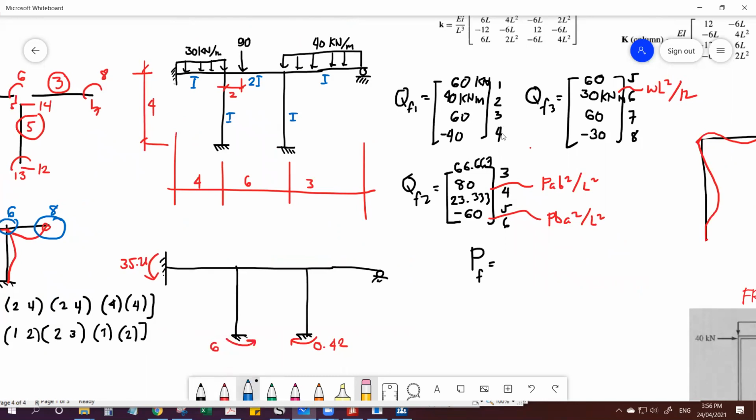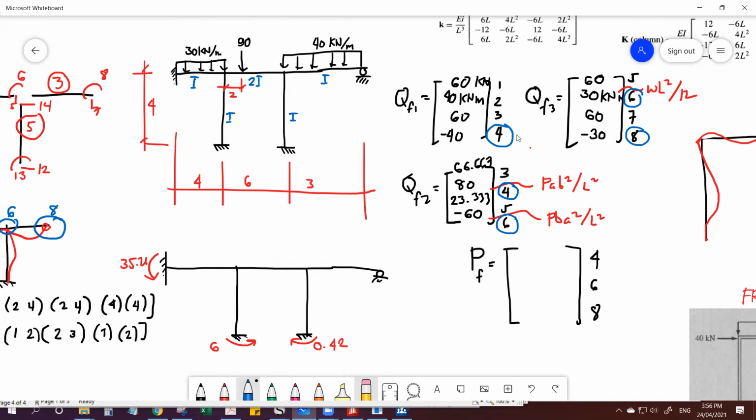Which is 4, 6, and 8. So I'm going to extract this, and this, and this. PF 4, 6, and 8.